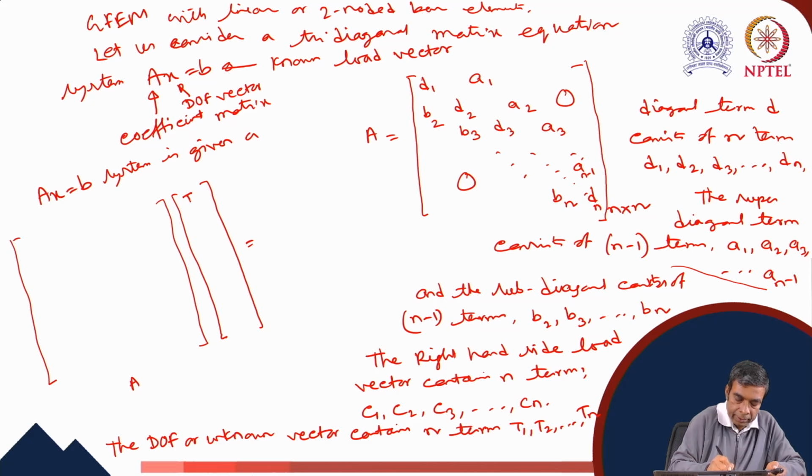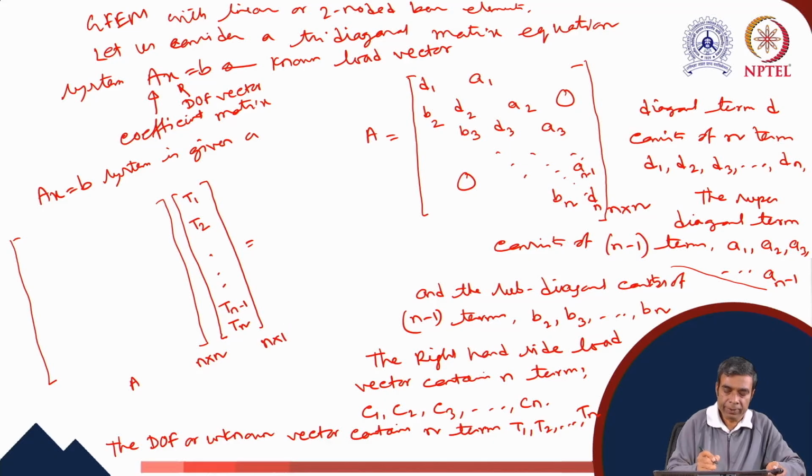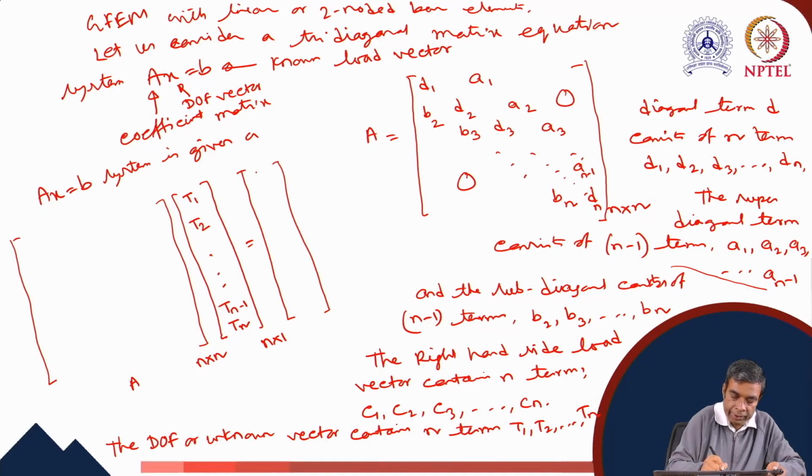This is T1, T2, Tn minus 1 to Tn. So square matrix is of size n by n. The degree of freedom vector is of size n by 1, and the load vector is of size n by 1 with entries C1, C2, Cn minus 1, Cn.